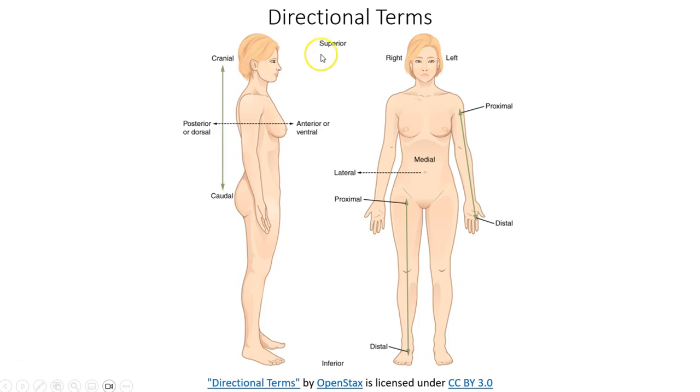Next we'll do superior and inferior. Superior refers to something that is above another structure. Inferior refers to something that is below another structure. One important thing with directional terms is you really need some sort of base reference point, a starting point, just like using GPS navigation on your phone.